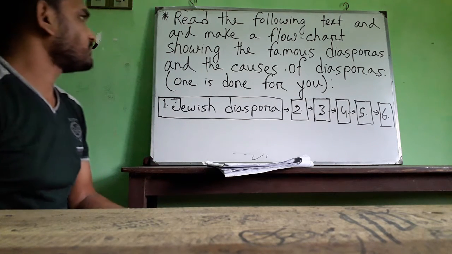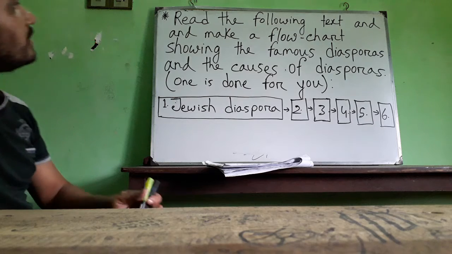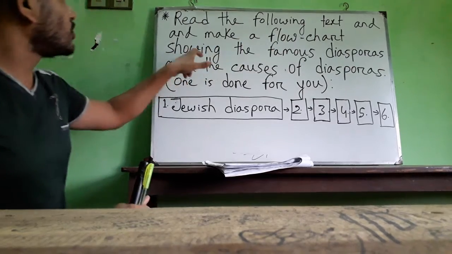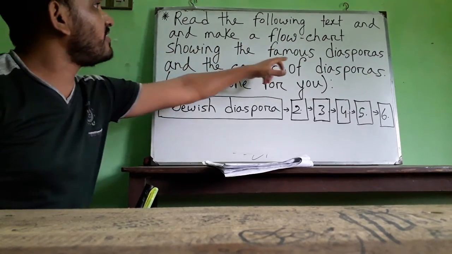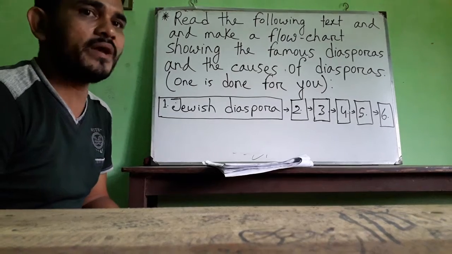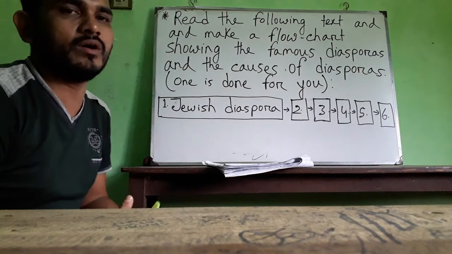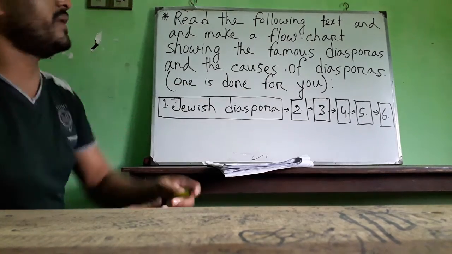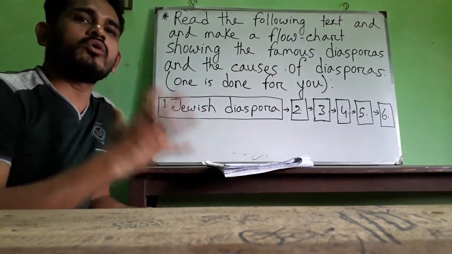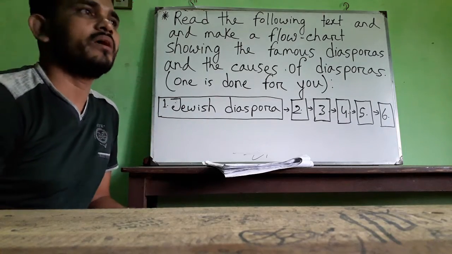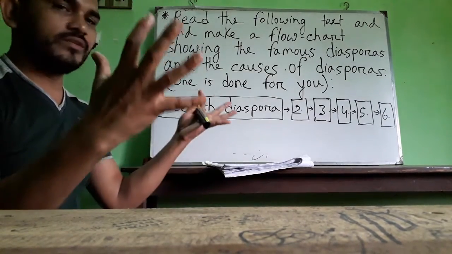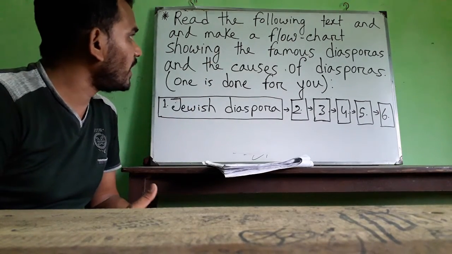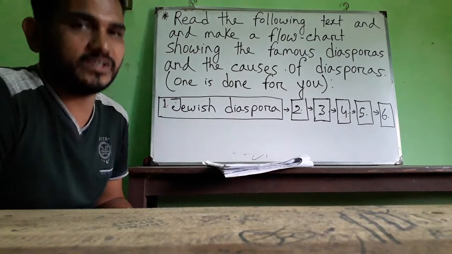My dear students, look at one thing here. You are asked to make a flowchart showing the famous diasporas. Okay, famous means noteworthy or remarkable diasporas, and the causes of diasporas. Here you are told to make a flowchart showing the noteworthy diasporas, famous diasporas, and the reasons of diasporas.